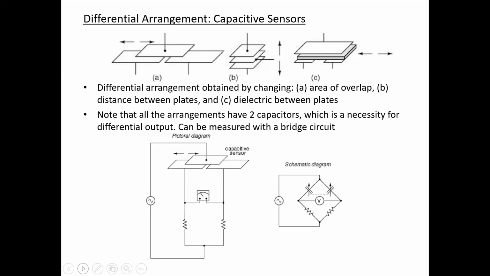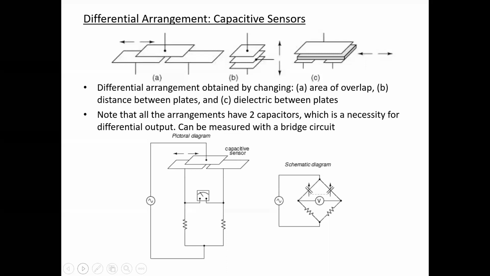So here for capacitive transducers, if differential arrangements can be done where the final output would be in the form of a differential voltage, then it becomes easier to further process the output, since the change in voltage can be easily amplified, or other signal conditioning operations can be easily done.